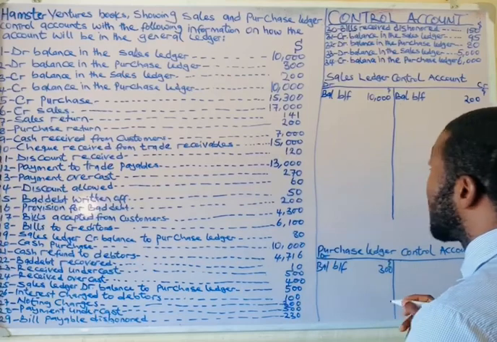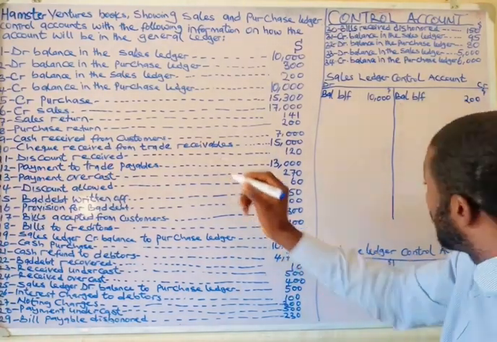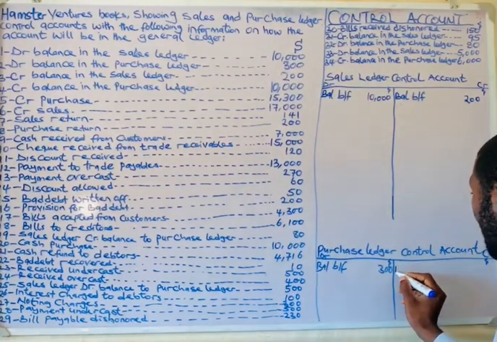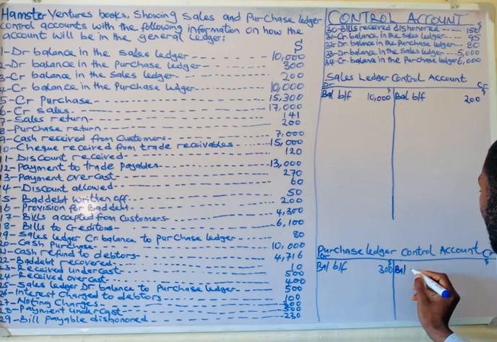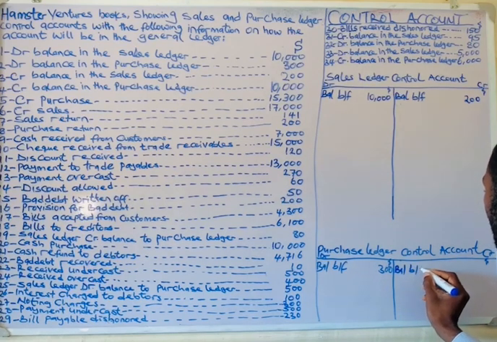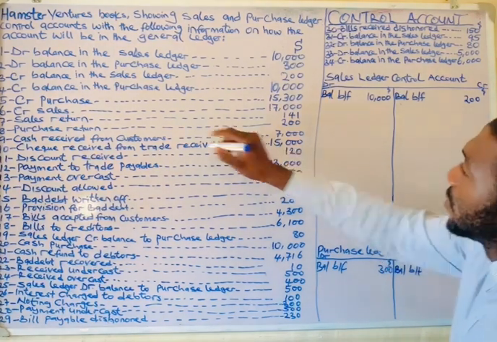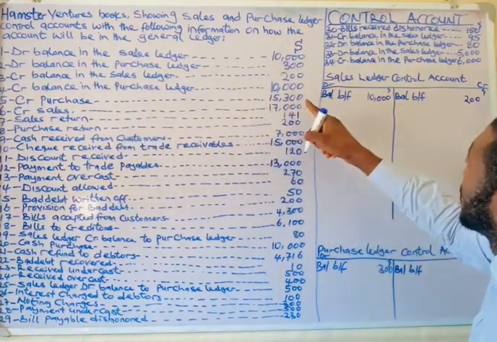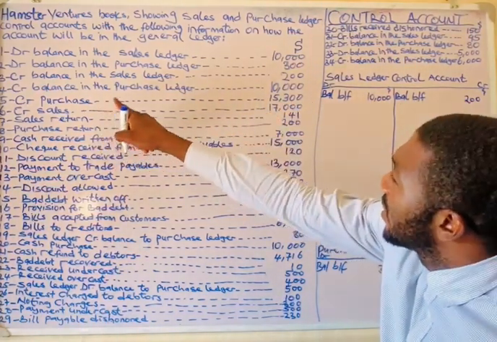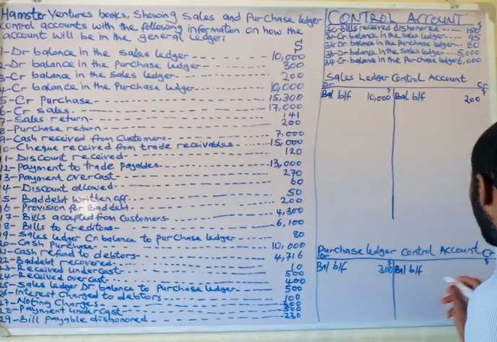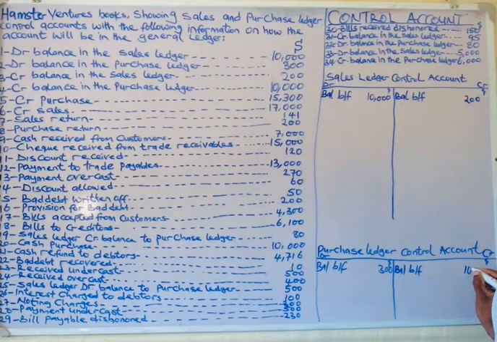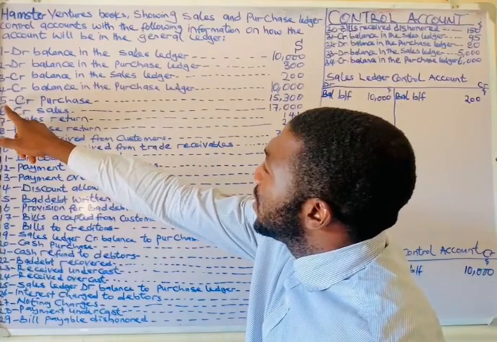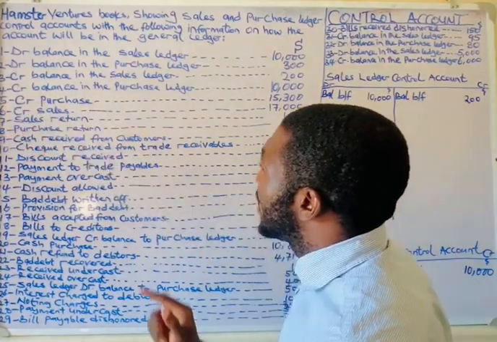You go to your purchase ledger. So balance brought forward of, as you can see, credit balance in the purchase ledger, $10,000. Very simple.